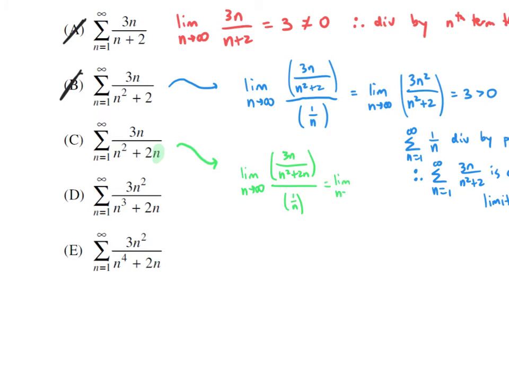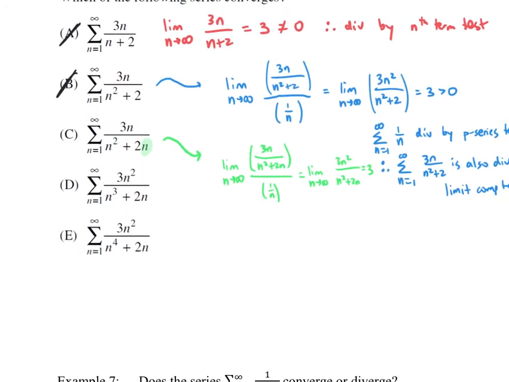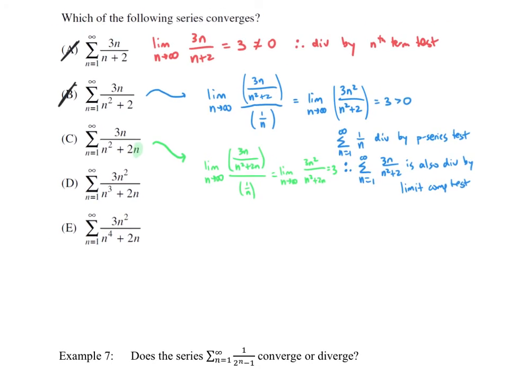And if you notice, you end up getting really the same type of situation. Yes, there's a 2n, but we don't really care too much. That limit is going to be 3. We're really going to come across the same analysis that we did in part B. You can work through that. So the series 1 over n is divergent, therefore the one we're looking at is divergent. We can cross off C, that's divergent.